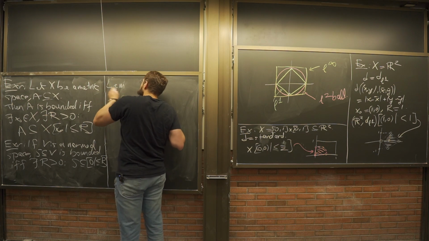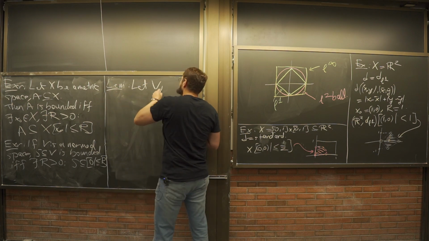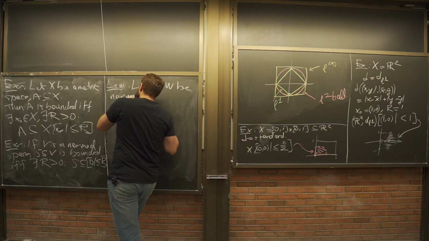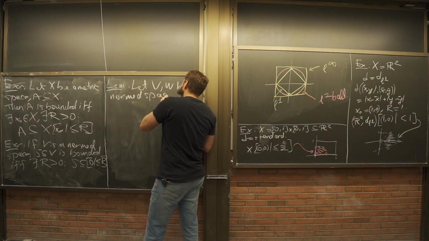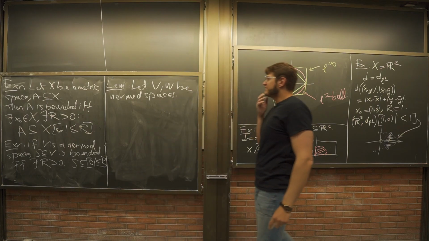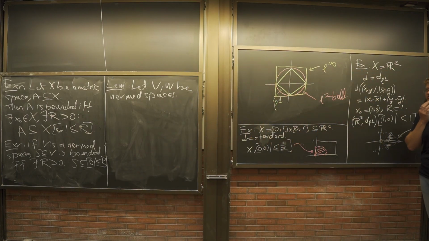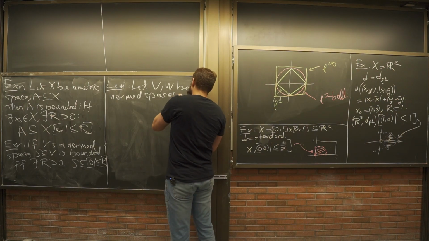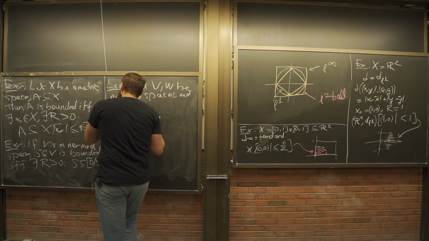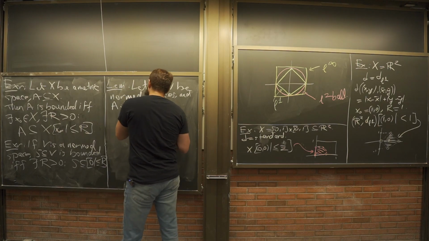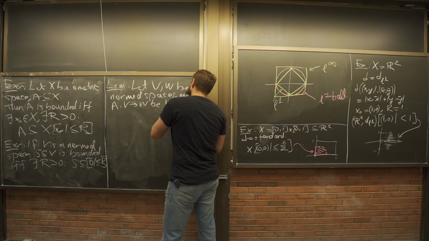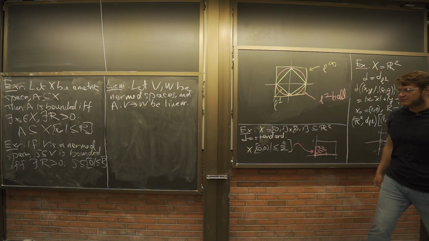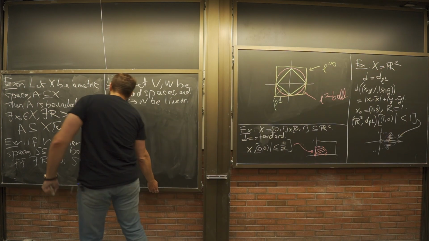Lemma. Let V and W be normed spaces, and let A be a linear transformation, possibly unbounded, from V to W. Then the following are equivalent, which I'm going to abbreviate as TFAE.